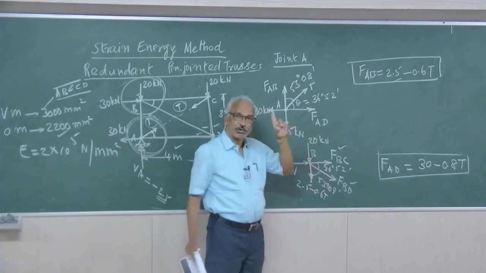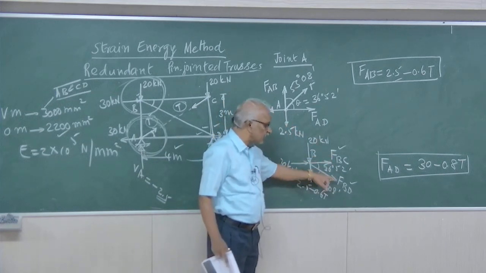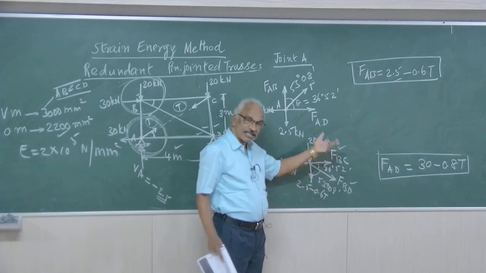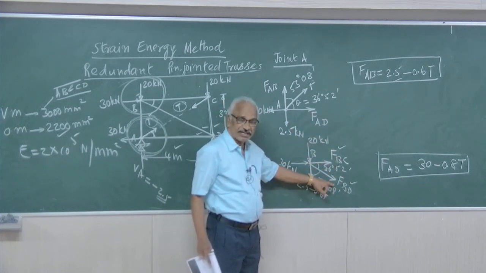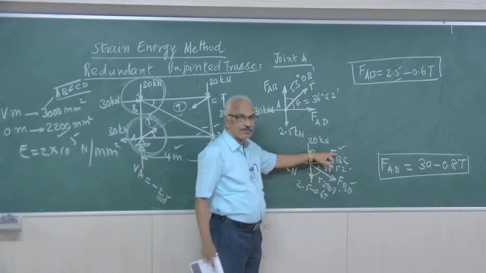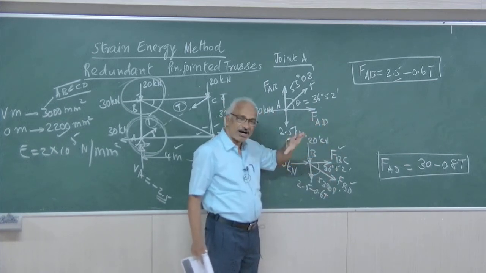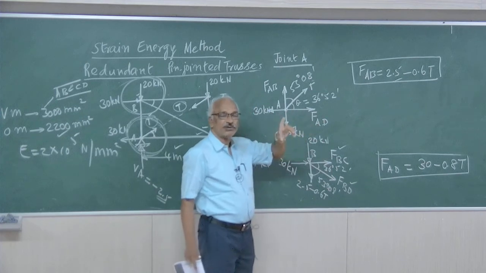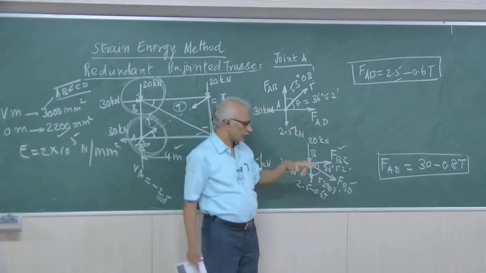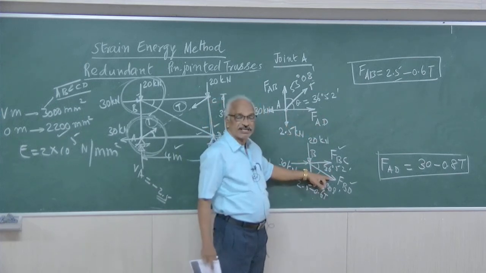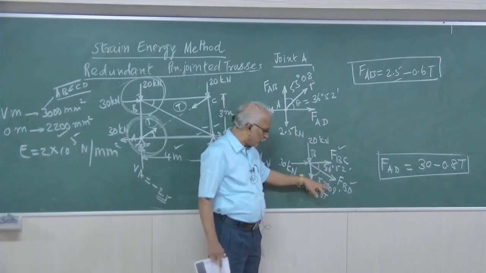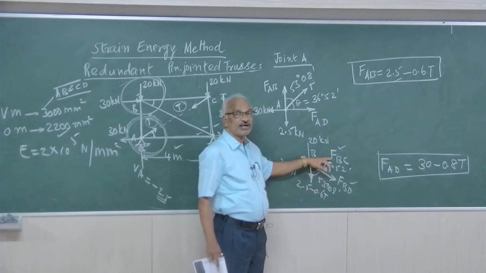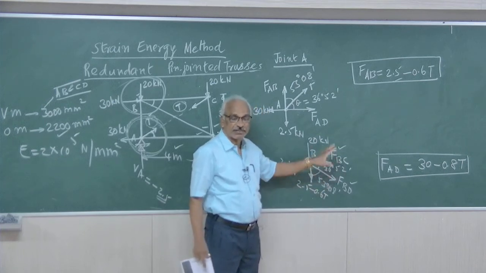Therefore, you will be getting one equation in terms of FBC and FBD. Directly, if you use sigma V equals 0 first, you will be getting the value of FBD. Of course, it will be in terms of T. FBC will not come into the picture, 90 degrees, it will not come into the picture.